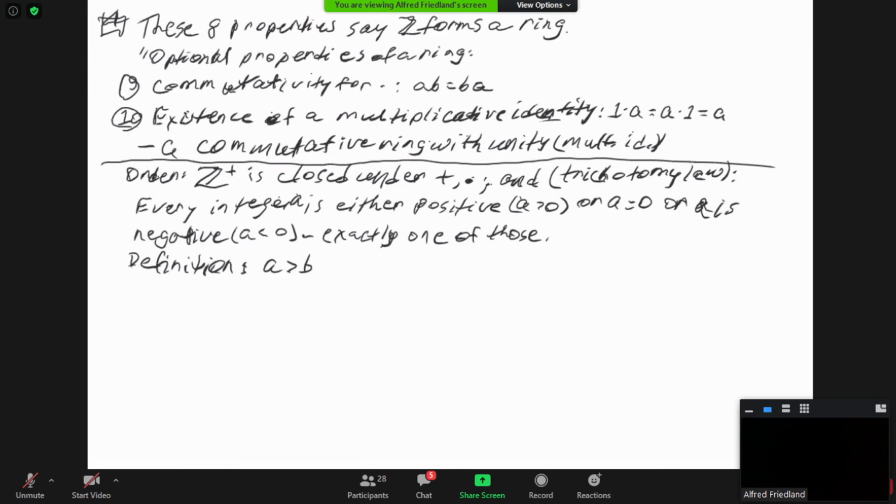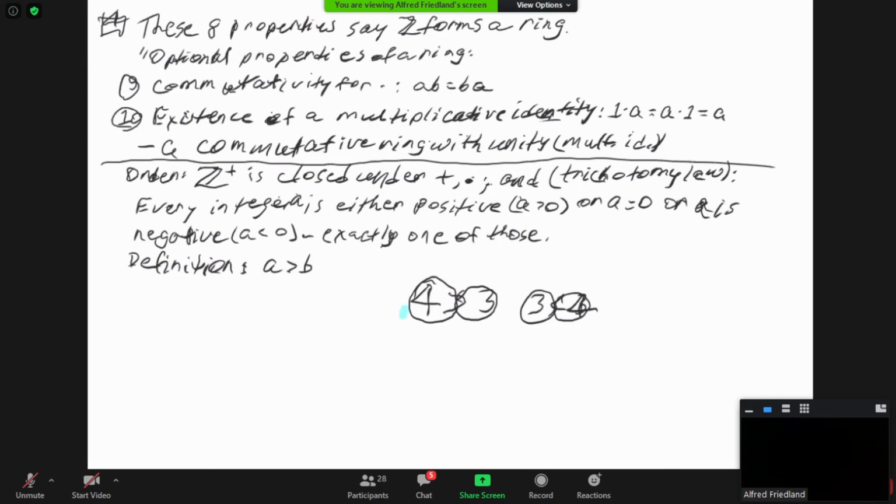A is greater than, bigger than, larger than, whatever you want to say, A is greater than B. And again, as I mentioned on Tuesday, if you have 4 is more than 3, the smaller part is adjacent to the smaller number, the wider part to the bigger number. And if you turn it around and write that 3 is less than 4, again, the bigger part is adjacent to the bigger number, the smaller part is adjacent to the smaller number.